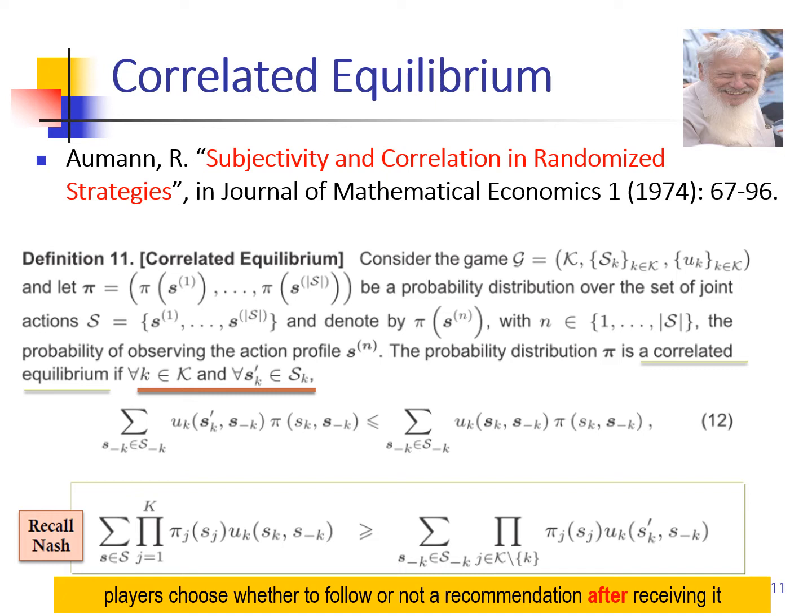Okay, so the definition says that the probability distribution pi is a correlated equilibrium if for all players k and for all strategies S prime k, we get that the expected utility of the player k, okay, at the equilibrium will be always larger than if it deviates from this strategy, basically.